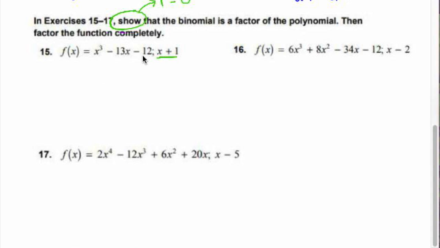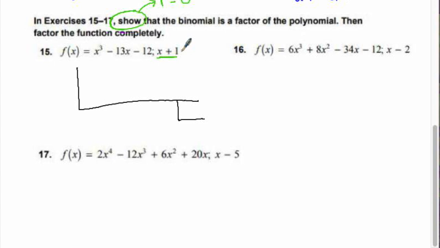So we're going to do the same thing on these 3 problems that we did on the last problems, where we're going to use our synthetic division, and we're basically just looking, do we have a remainder of 0? Now, I will tell you, when it says show that the binomial is a factor, most of the time, it's going to give you a binomial that actually is a factor. So we should be coming up with a remainder of 0. All you need to do is show that the remainder is 0.